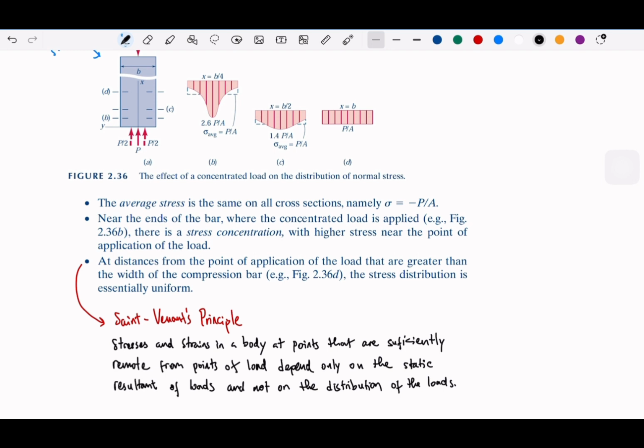So what this principle does is we can say that our expressions that we define and derive are valid, except at the very near points. Okay.